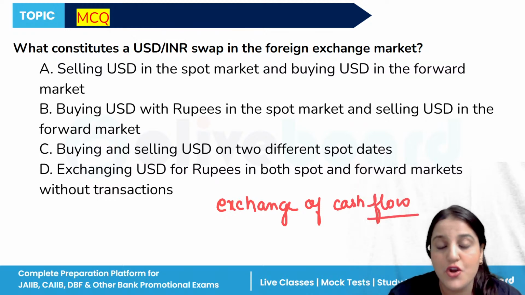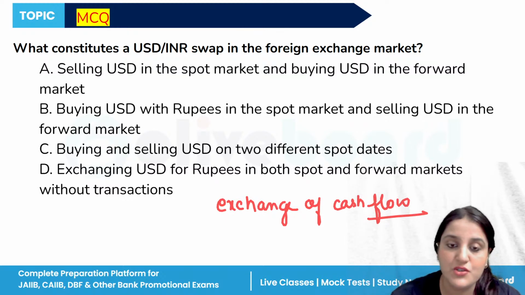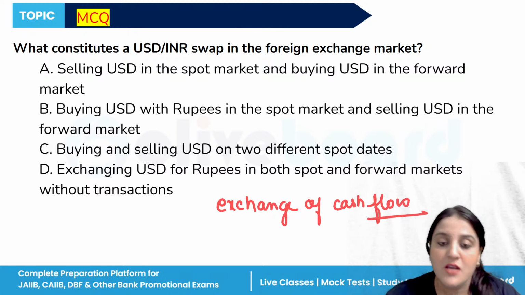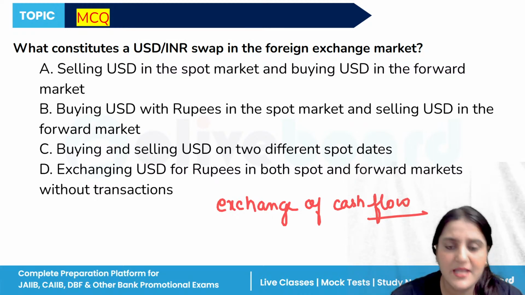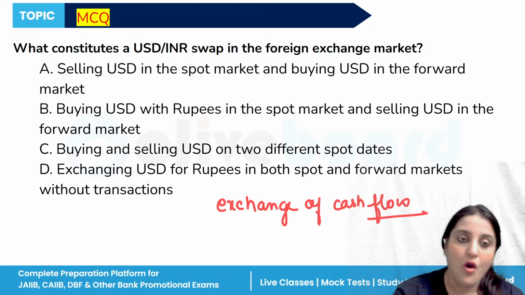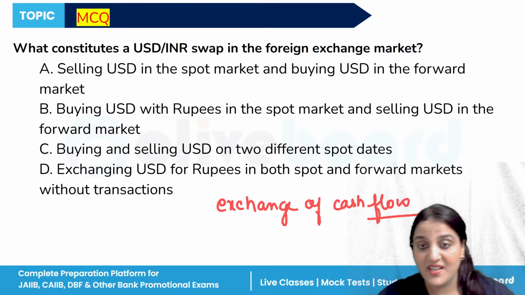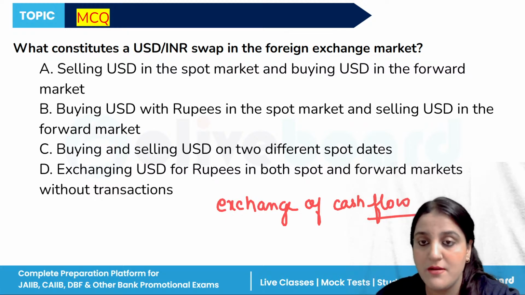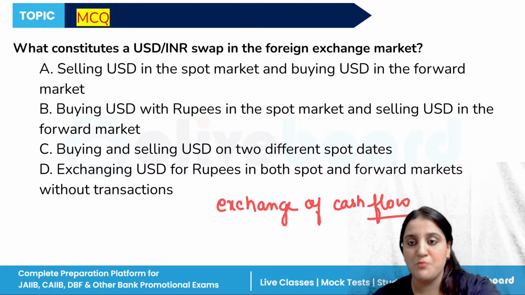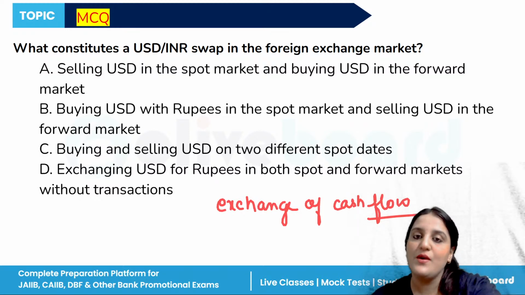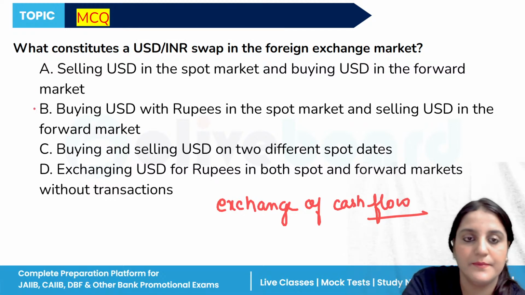Buying the US dollar with rupees in the spot market and selling the same amount of US dollar in the forward market constitutes a US dollar INR swap. Similarly, simultaneous purchase and sale of currency on two forward dates is also a swap. So, the correct answer in the given options is option B, buying the US dollar with the rupees in the spot market and selling US dollar in the forward market.